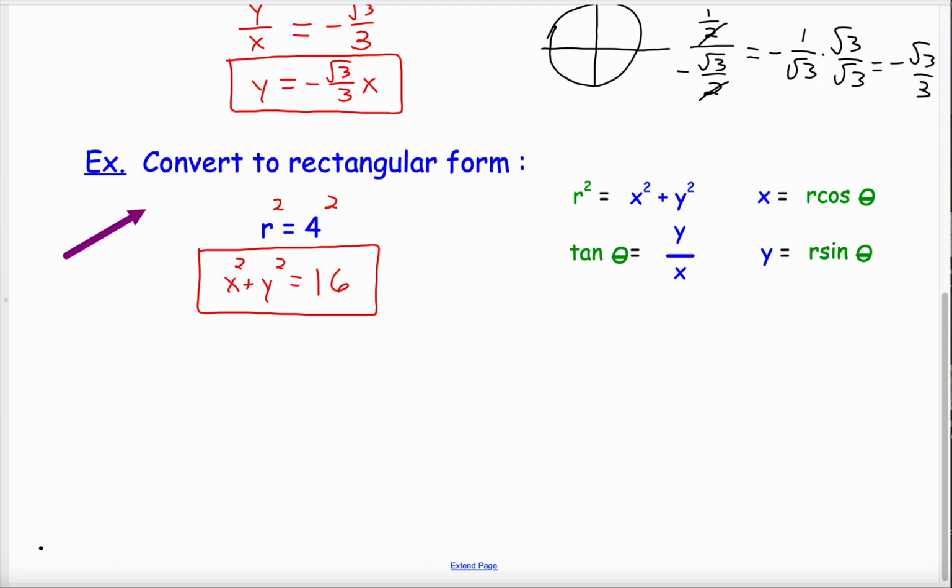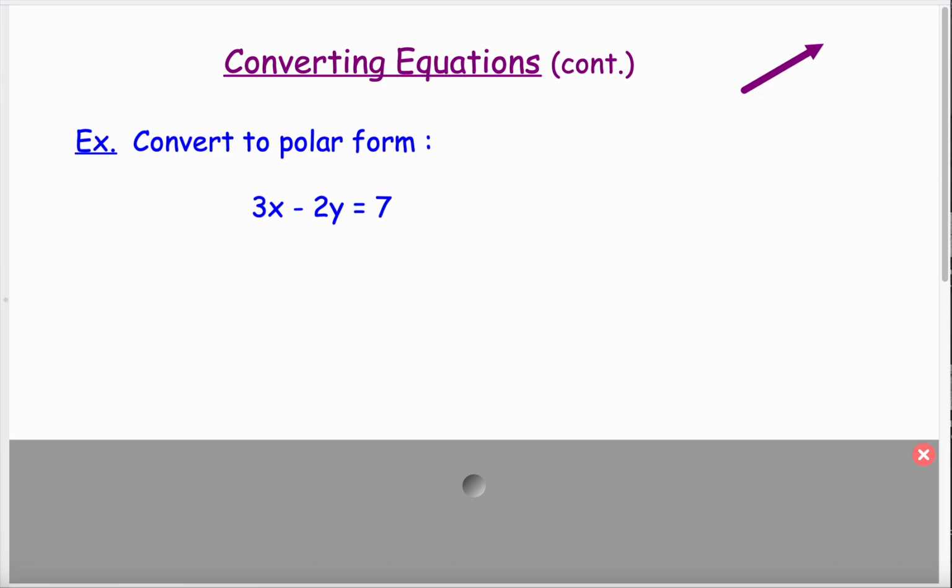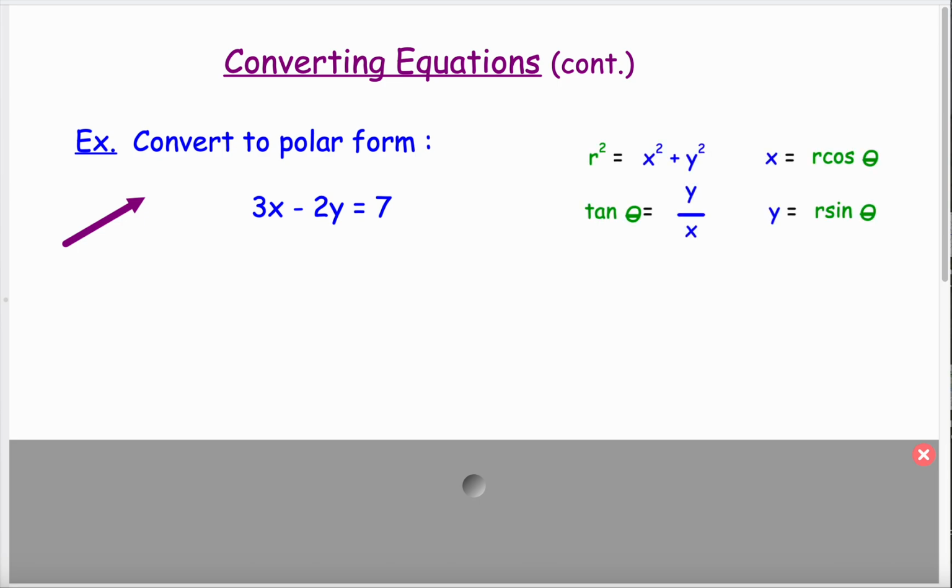Okay, so these were polar equations and we converted them to rectangular form. What about the other way? Let's try to convert a rectangular equation and put it into polar form. So that means we have to get rid of our x's and our y's, and we need r's and or thetas. So let's see, what can I do with this? I have a 3x.